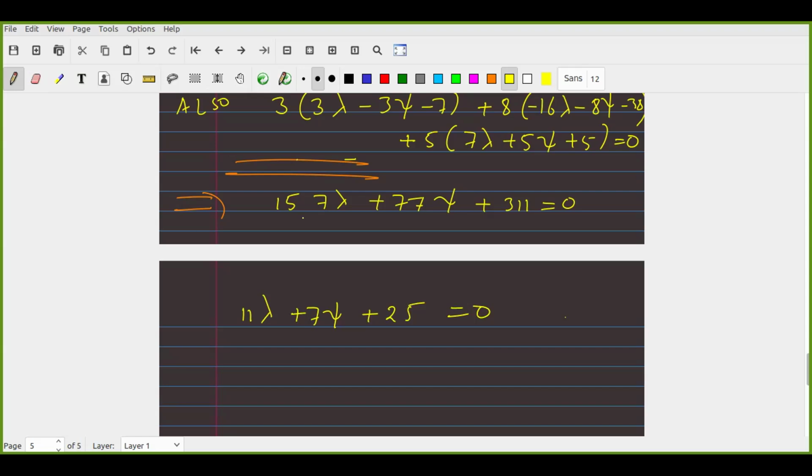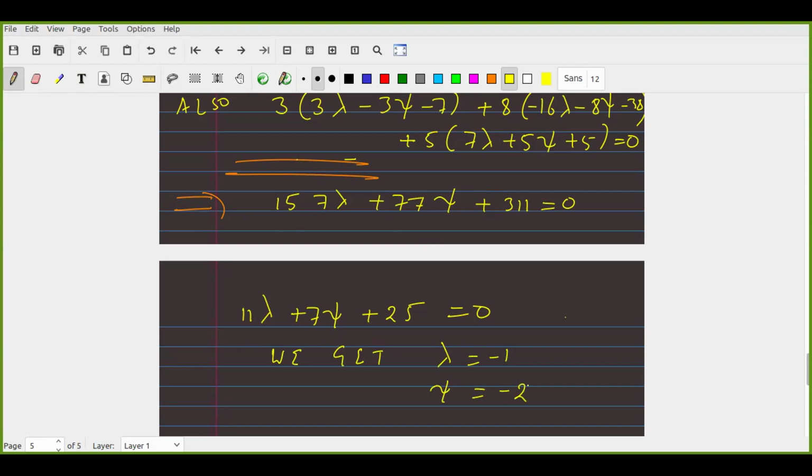The numbers coming up are huge, then I cancelled and got this. If you solve this, we get lambda equal to minus 1, xi equal to minus 2.